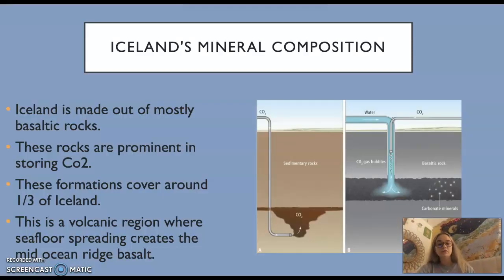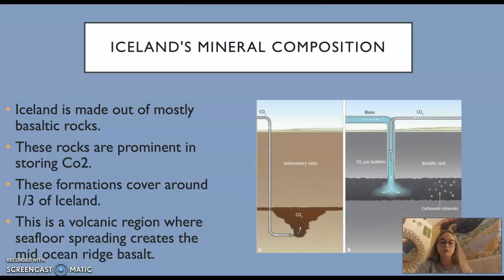So Iceland's mineral composition is made mostly out of basaltic rocks, and these rocks are very prominent when it comes to storing CO2. Over here we have a diagram of how the CO2 gas bubbles are stored in the rocks.